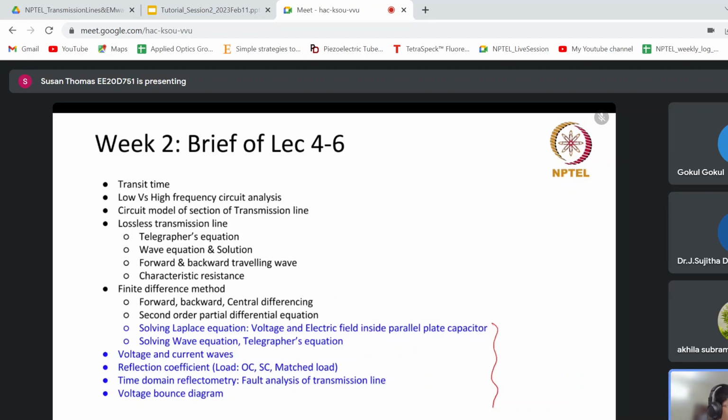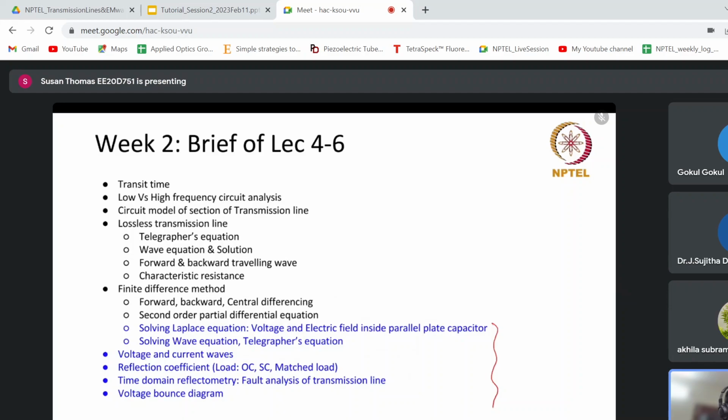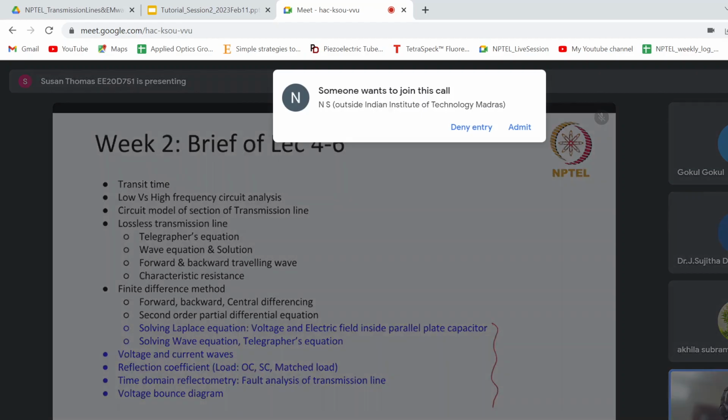From the finite difference method, you have come across solving the Laplace equation, basically hands-on programming to visualize voltage and electric field inside a parallel plate capacitor. And also you have come across solving the wave equation and telegrapher's equations.